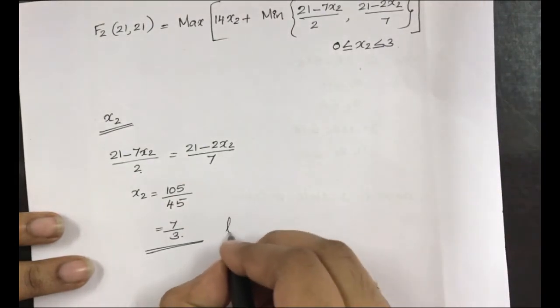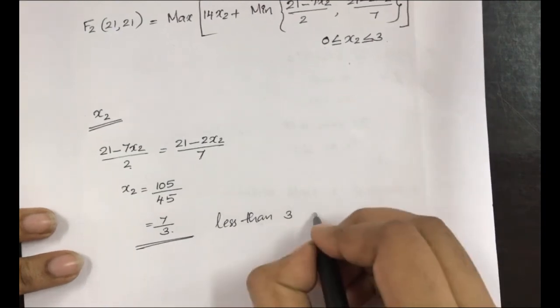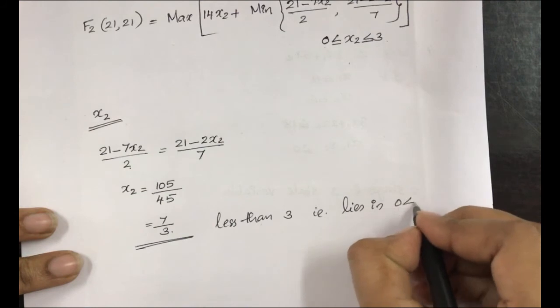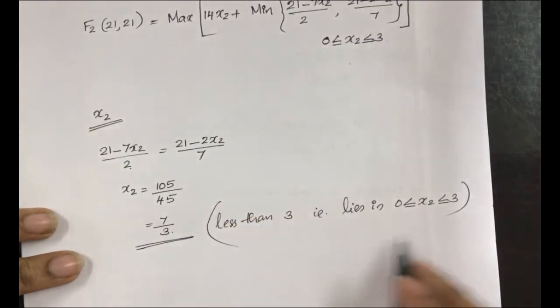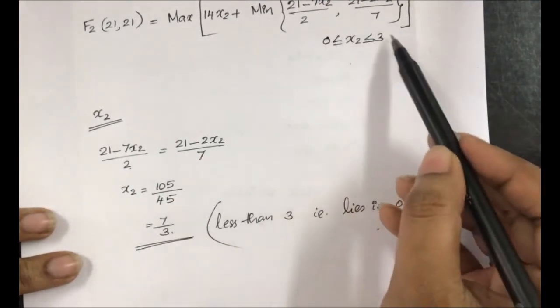This value is less than 3, that is, it lies in 0 less than or equal to s2 less than or equal to 3. Actually we are checking whether this intersection point is also in this region.